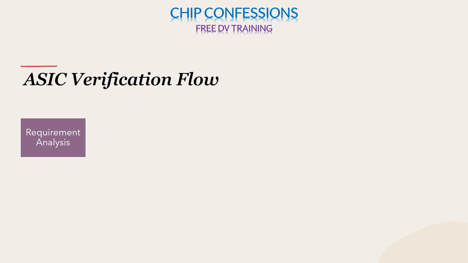Based on this, we are preparing a verification plan. This verification plan will include the list of features, test scenarios and metrics. Metrics are nothing but the specifications that need to be tested.